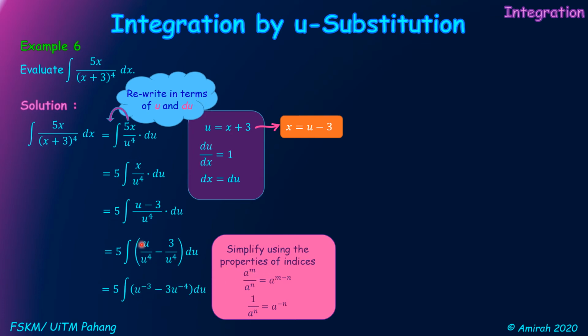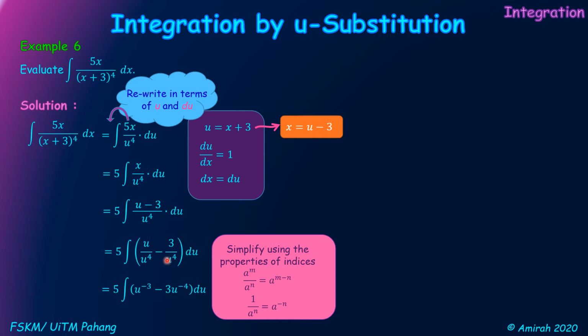From u over u to the power of 4, we simplify using a to the power of m over a to the power of n, which is a to the power of m minus n. Here u means u to the power of 1, so 1 minus 4 equals negative 3. That's why we get u to the power of negative 3 after we simplify.